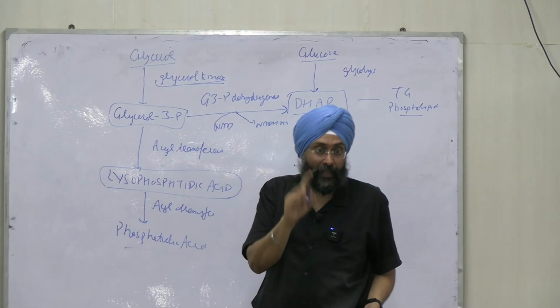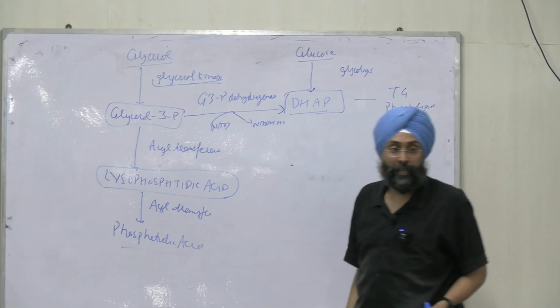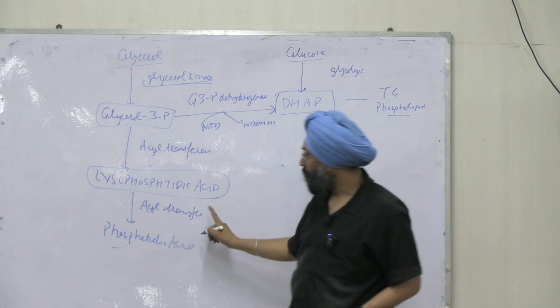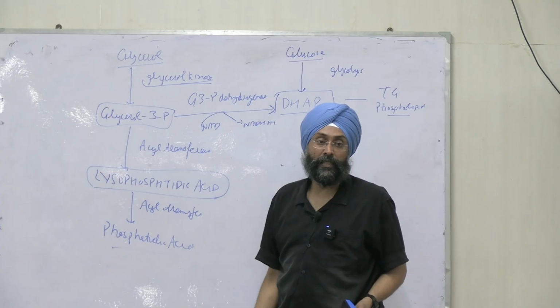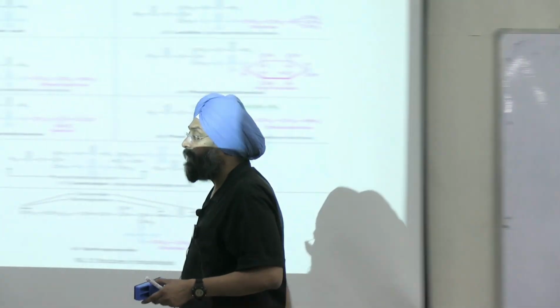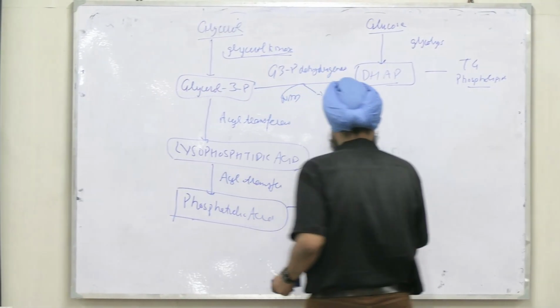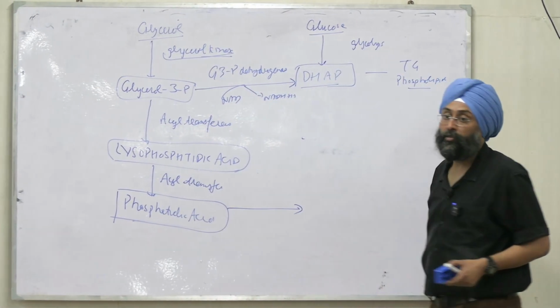When we attach one acyl group via acyl transferase, we get lysophosphatidic acid, and when another acyl group is attached, we get phosphatidic acid, right? After that, what will you add? Can be converted into which form?